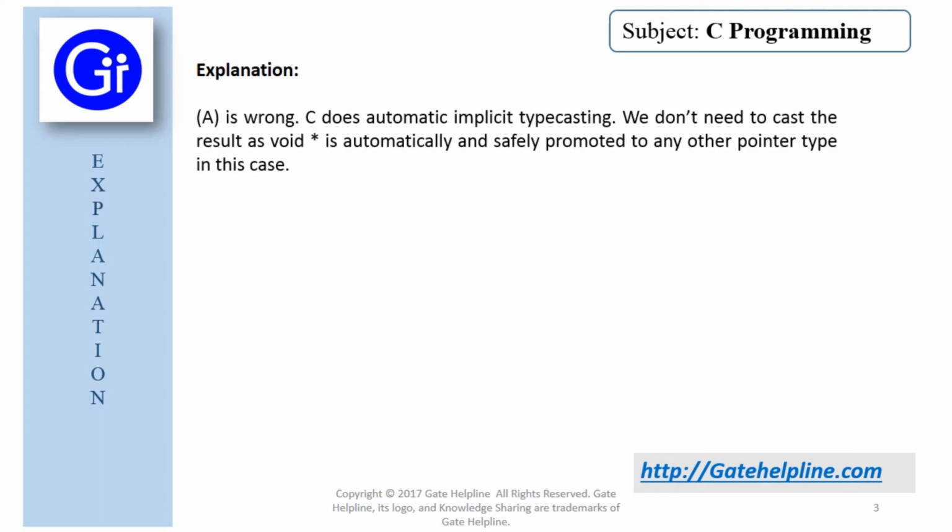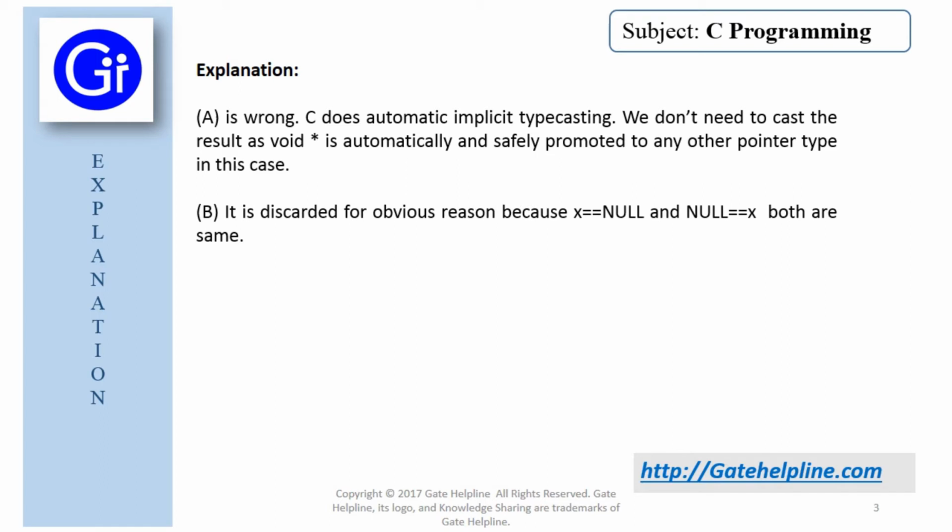Now we'll see explanation towards each option one by one. Option A is wrong. C does automatic implicit typecasting. We don't need to cast the result, as void star is automatically and safely promoted to any other pointer type in this case.